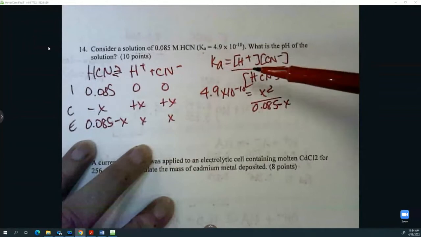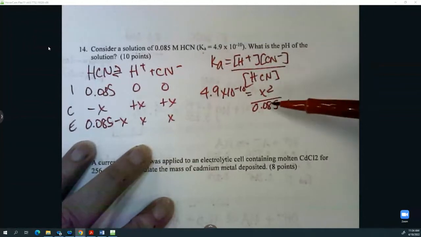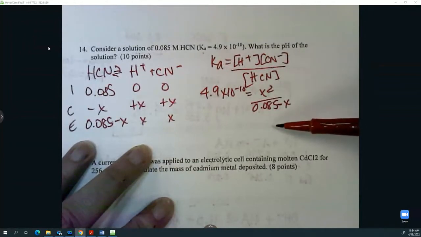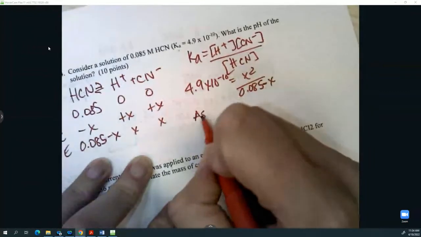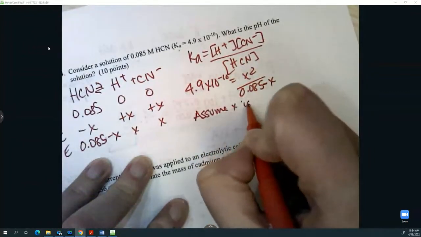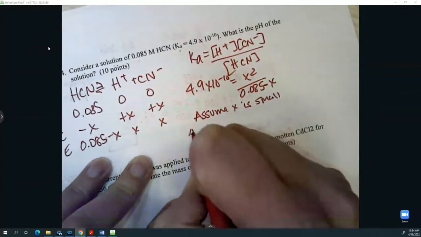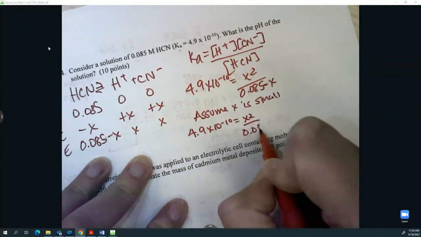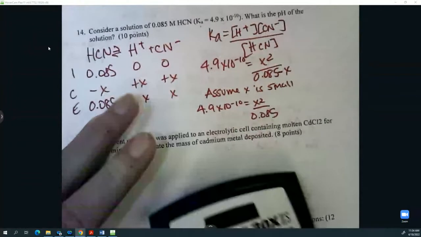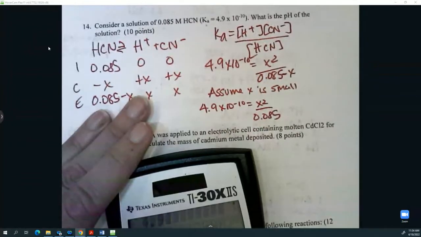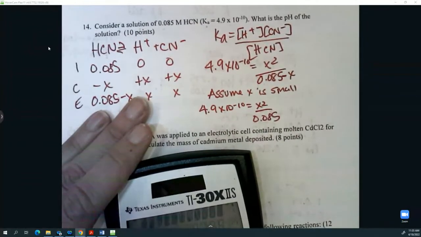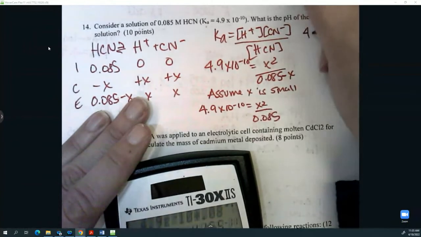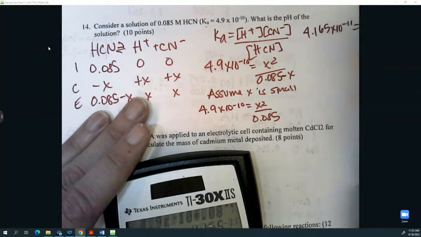All right, so I set up my Ka, products on top, reactant on the bottom, x squared on top, reactant is 0.085 minus x. I have to assume x is small. Cross multiply. Square root.